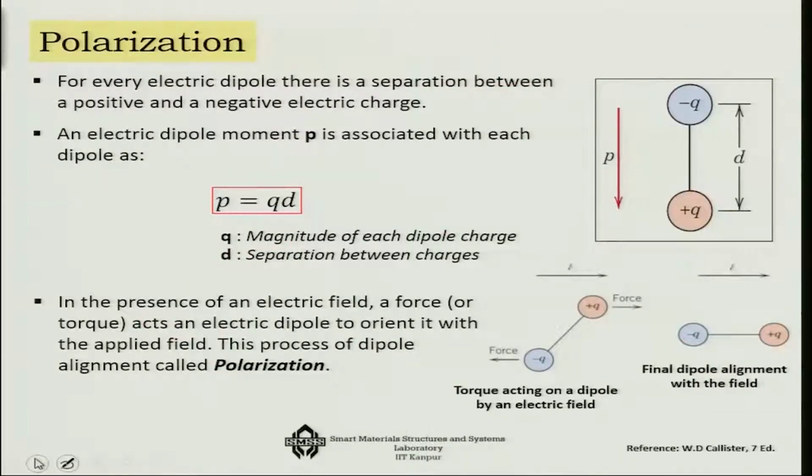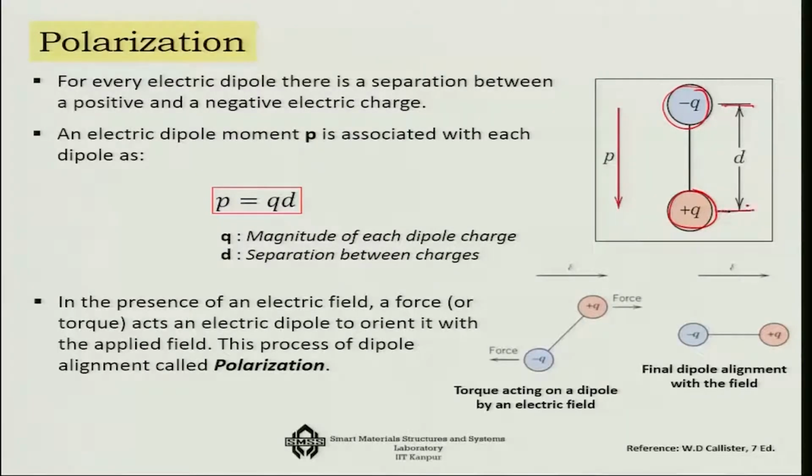Now, while talking about these dielectrics, we have to start our story from a little behind, from polarization. For every electric dipole, whenever you have a negative charge and a positive charge, there is a separation distance between the positive and the negative electric charge.